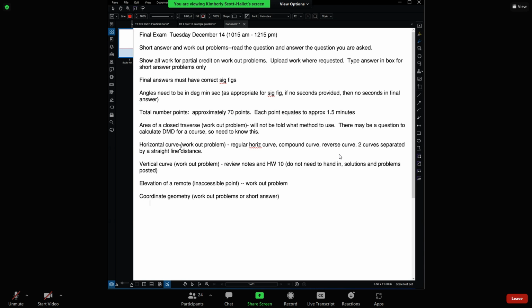Coordinate geometry. So there can be workout problems, there can be short answer problems, there can be both. Perpendicular distance from a line to a point, you would have that as a workout problem.